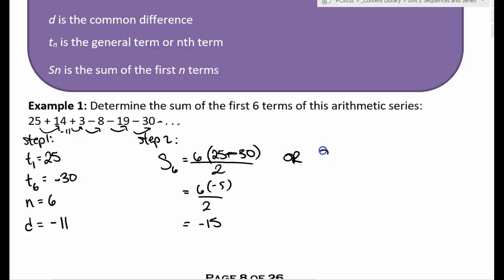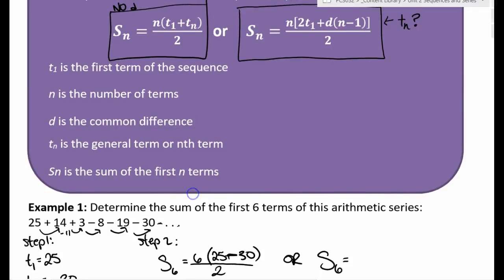Or I could have used the other equation. Again, I'm going to scroll up just so I can see it. N is still 6 times 2, term 1 is 25, plus D, which is -11, multiplied by 6 minus 1, all divided by 2.